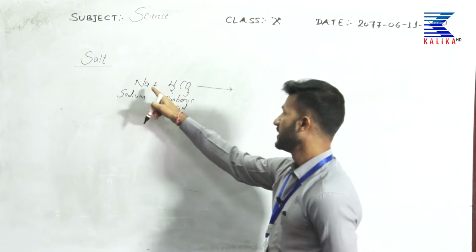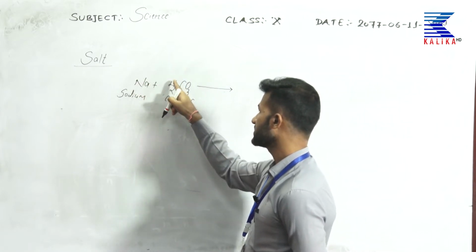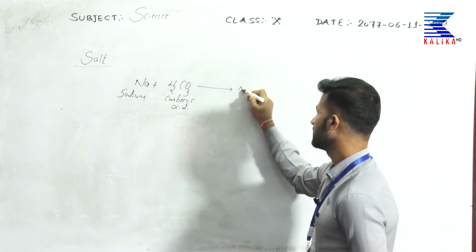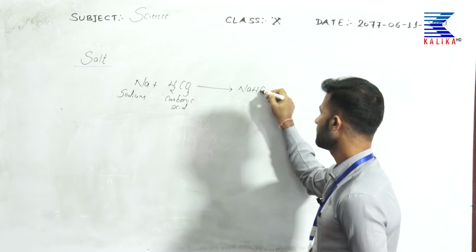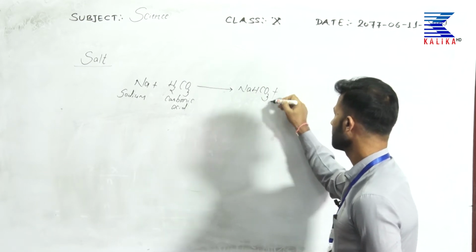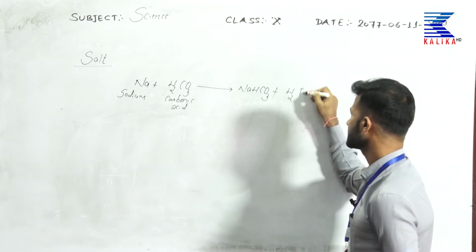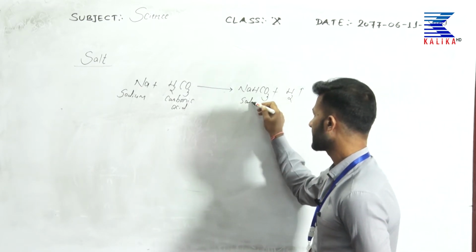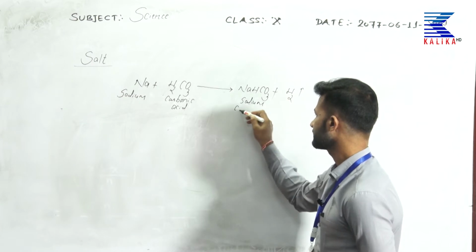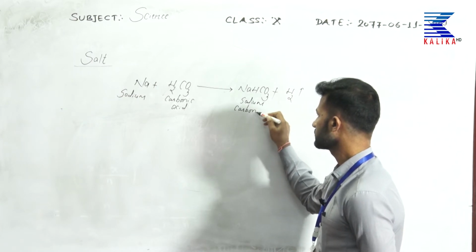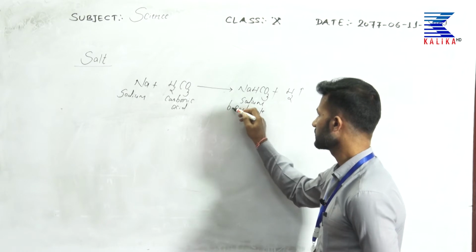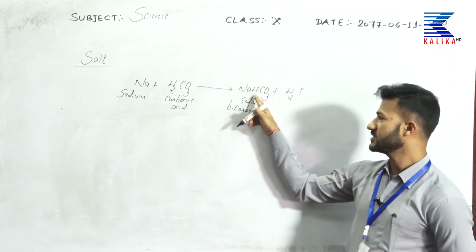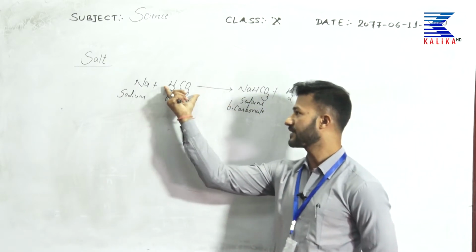When this sodium metal replaces this hydrogen atom partially, see what happens? It forms sodium bicarbonate plus hydrogen gas. Look here, this is sodium bicarbonate, one of the salts, because hydrogen is not fully replaced from this carbonic acid.